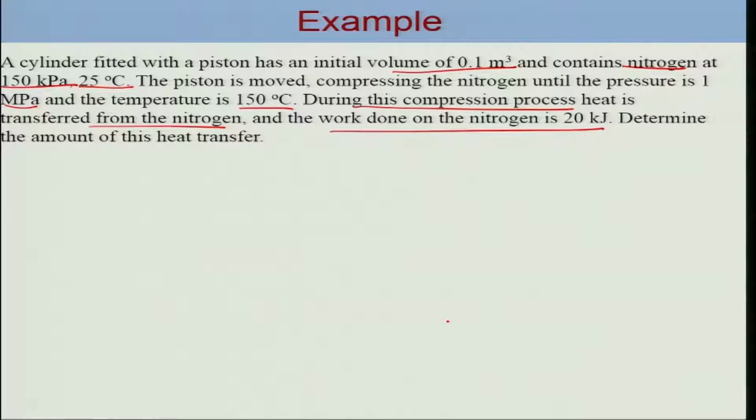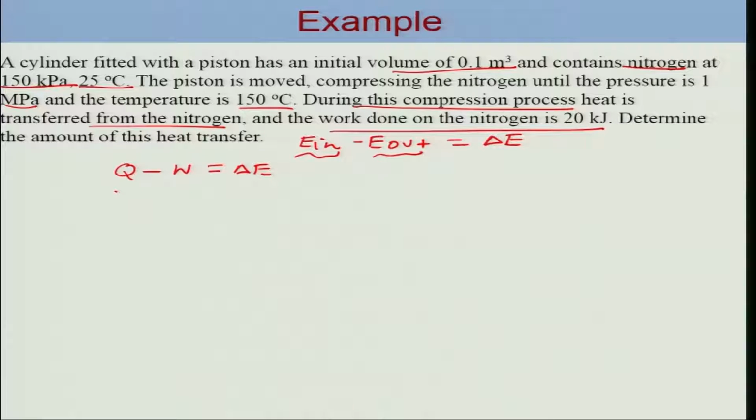There are two ways to do this problem. One is, of course, you can simply write E in minus E out equal to delta E. This is one way where we know the net energy provided to the system and the net energy which is transferred out of the system. Or the other way, we can make use of the standard sign convention where Q minus W is your delta E, and in this case the work is done on the system.